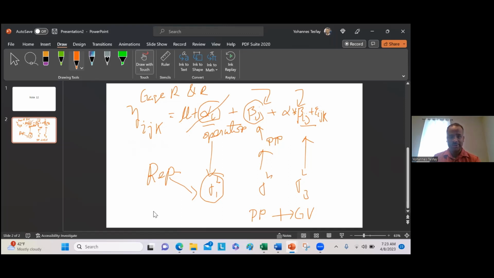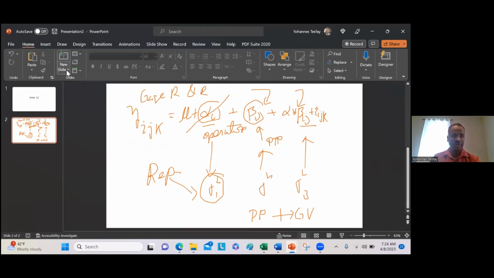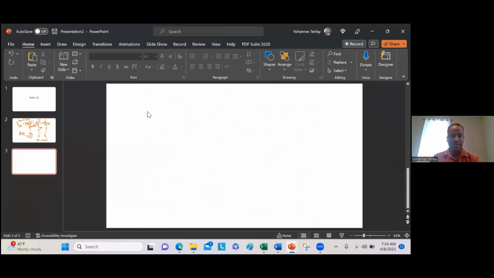When we run that, we find a new equation. The equation is going to be different. That equation is y_ij equals mu plus alpha_i plus error.